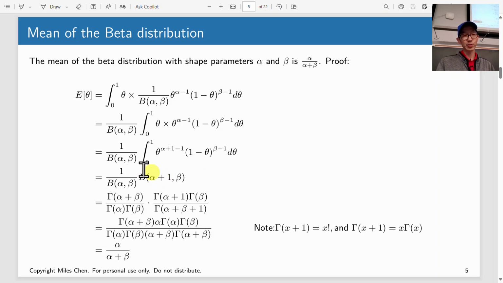So, how does this work? Well, the definition of this beta function is gamma of this term times gamma of this term divided by gamma of the two terms added together. So when you have 1 over the beta function here, you get this gamma function. And then over here, you have gamma of alpha plus 1 times gamma of beta, and then this is gamma of alpha plus beta plus 1.